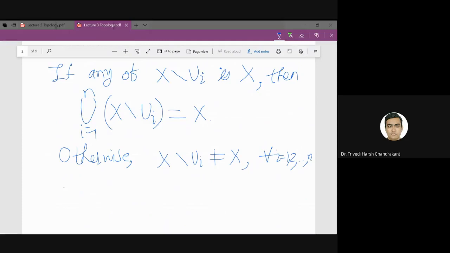X minus ui is either a finite set or it is the whole of X. So if it is not X, that means X minus ui is a finite set, right? So therefore X minus ui is a finite set for every i.